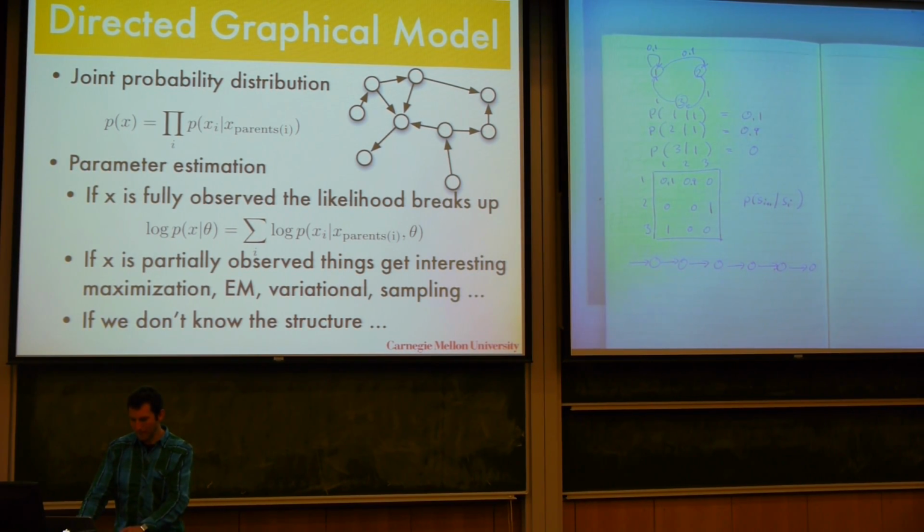So now, once we have such a joint probability distribution, life's good, right? Because if we observe everything, and if we know the structure beforehand, then we take the log of this, and the log of products becomes the sum over the logs. So all I have to do is model each variable individually, given its parents.